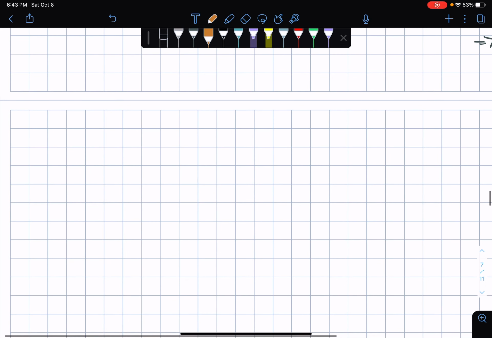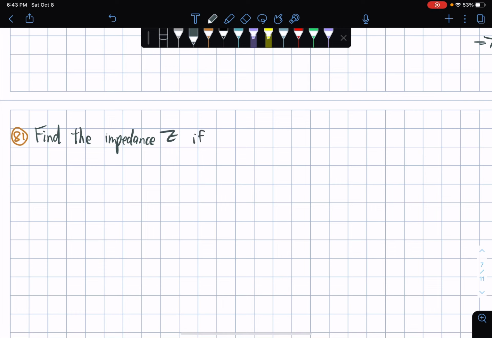So for number 81, we have to find the impedance Z if the phase angle, which is defined as theta, is equal to 34, and resistance, which is labeled as R, is equal to 320 ohms.